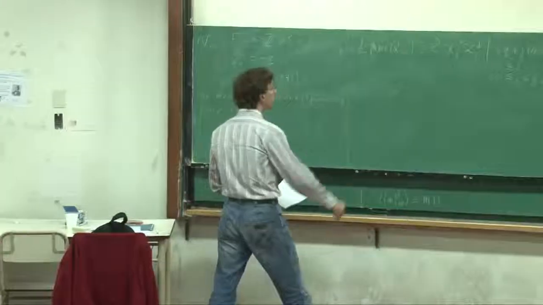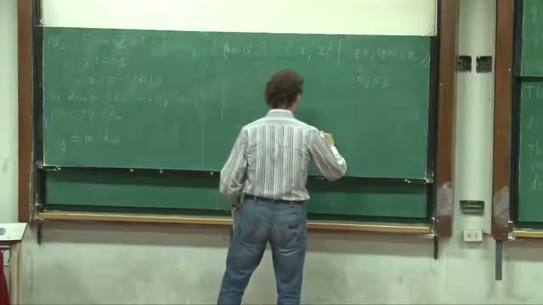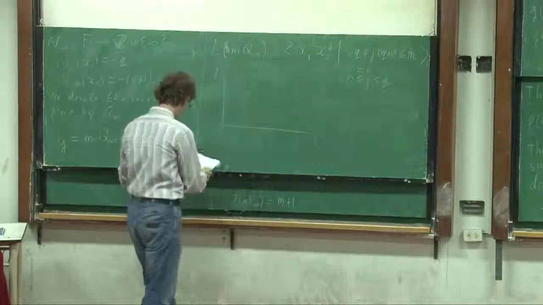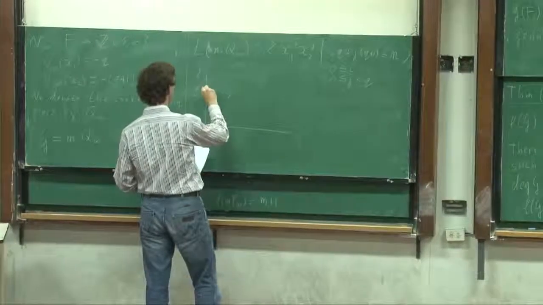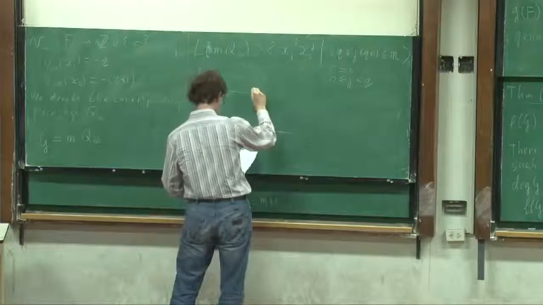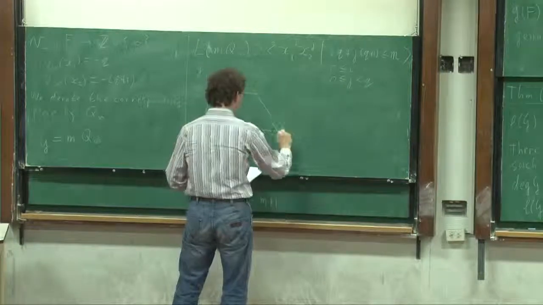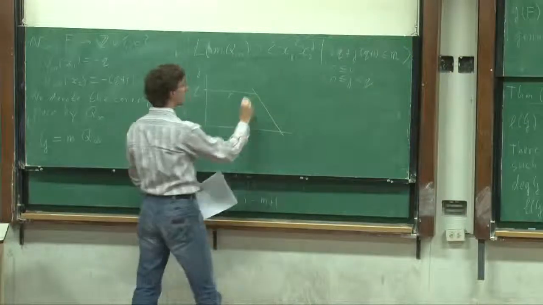Okay, so we just make a picture of this. We have i here, and j here, but the picture looks roughly like this. So we have a q here, and then we have this m, let me see. So we have here this inequality, which somehow translates into this one.